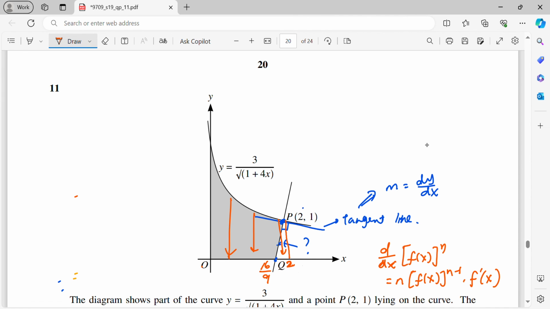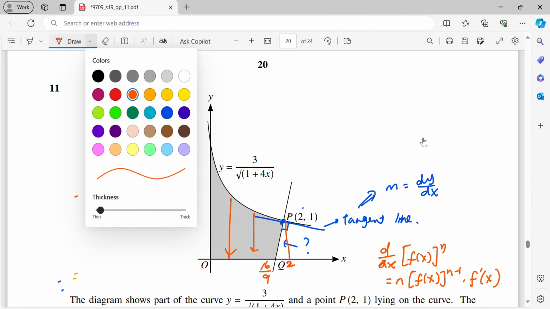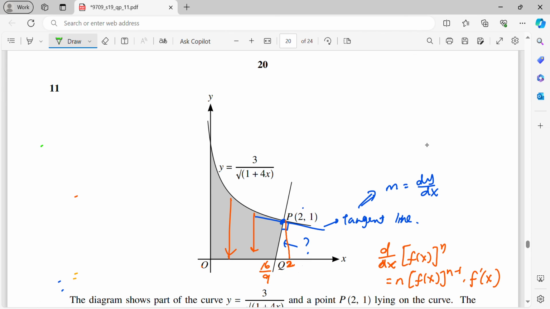So when 0 until 2 means that including this triangle, this is 90 degrees. Alright, so now my idea is I find the integration from 0 to 2, then I minus this right angle triangle area.